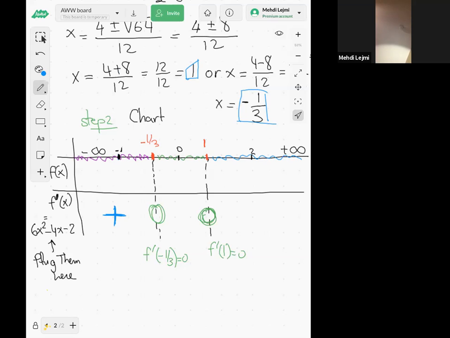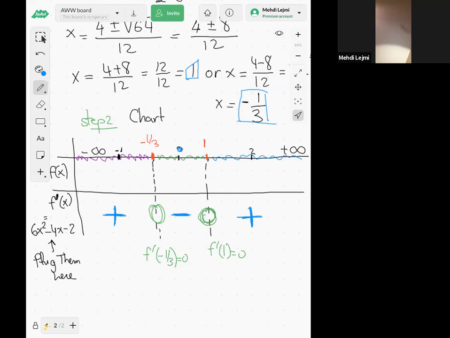If you plug 0 into f prime of x, you get 0 minus 0 minus 2. So that's negative 2, that's negative. And finally, on the third interval, I picked positive 2. 2 squared is 4 times 6, 24, minus 8 is 16, minus 2 is 14. So that's positive 14, right? So this is positive.